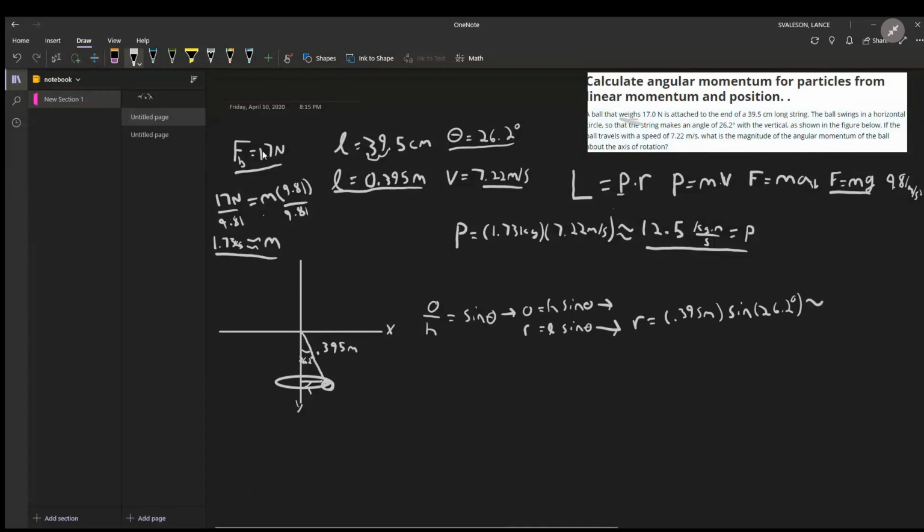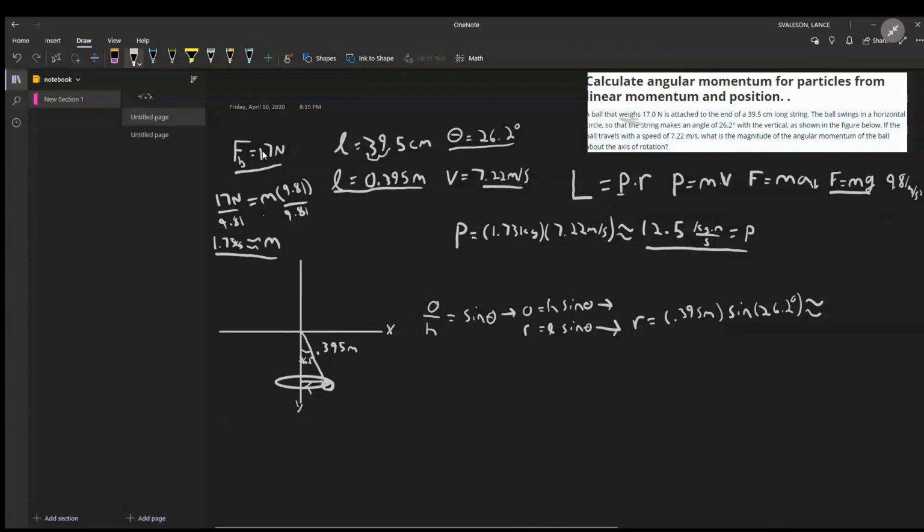What is the sine of 26.2? I hope my calculator is in degrees here. I think it is. Let me see. Yes, okay, that's in degrees.